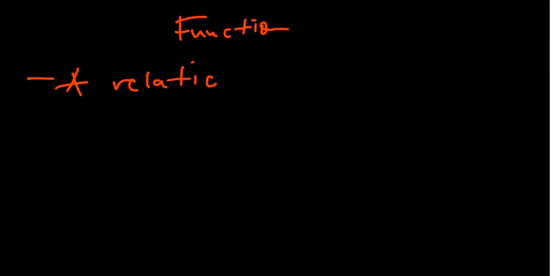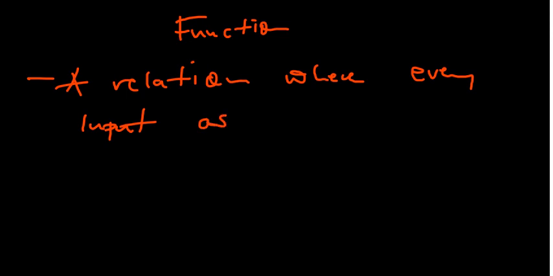A function is a relation where every input has a result, which is an output. So every input should have an output, and that output should be unique.